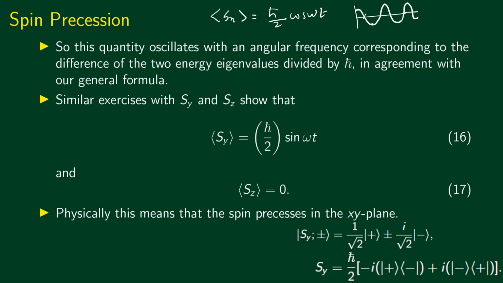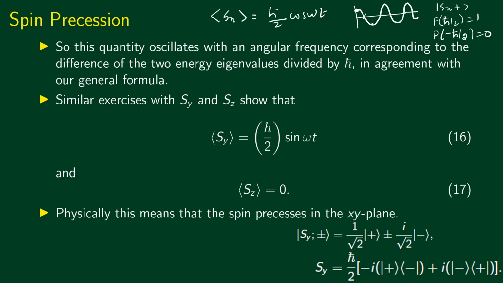Okay, so we see that at omega t equal to 0, the expectation value for Sx is simply h bar by 2. The reason for this is that at t equal to 0, the state we said was ket Sx plus, and at this time, the probability for plus h bar by 2 is 1, and the probability for minus h bar by 2 is 0.